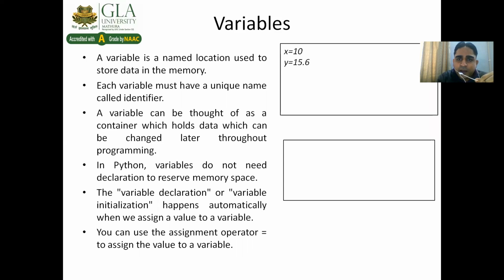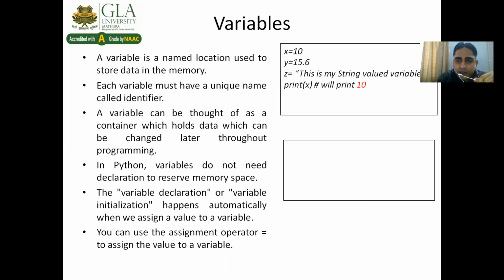Like if you are writing x equal to 10, then x is having the value 10 and the data type is integer. If you are writing y equal to 15.6, then y is having the value 15.6 and it is a float variable. Similarly, z is equal to, within double quotes I'm writing, this is my string valued variable. So z is a variable which stores this value, and the data type of z is string.